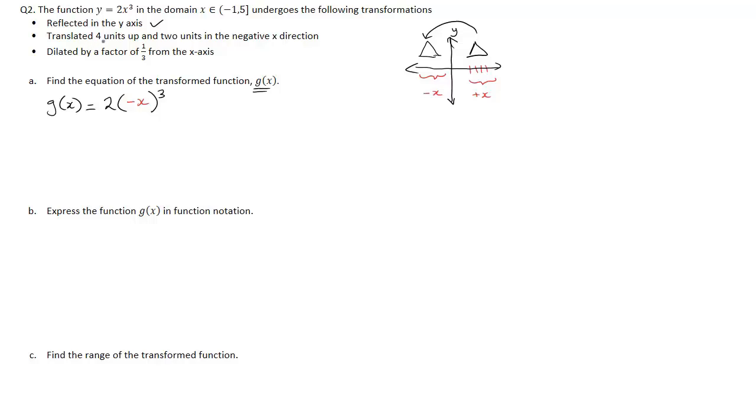Now, we have to look at translation 4 units up and 2 units in the negative x direction. So 4 units up means that y is equal to 4, and 2 units in the negative x direction means that x is at negative 2. And so when you're putting the translation into the equation, you need to make sure that negative is for your x values.